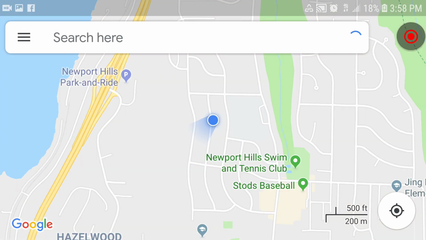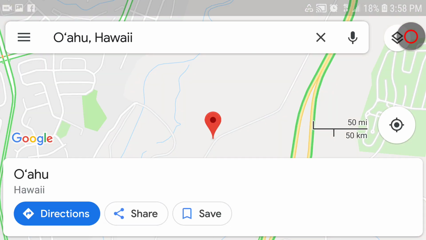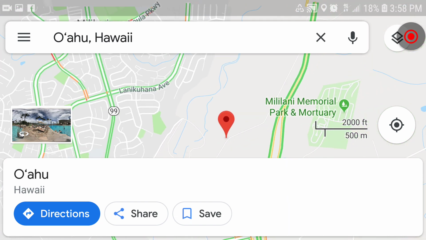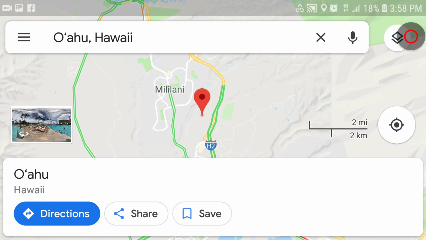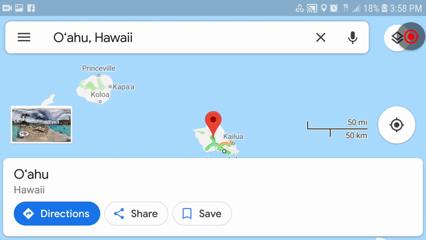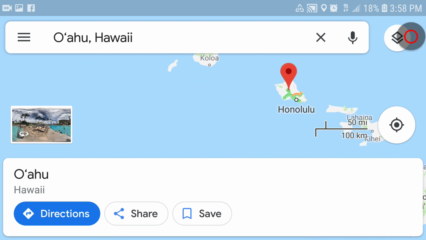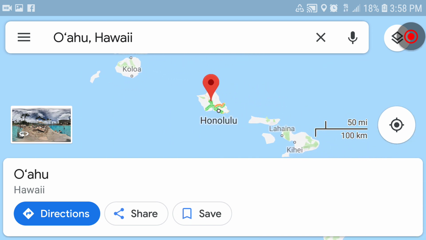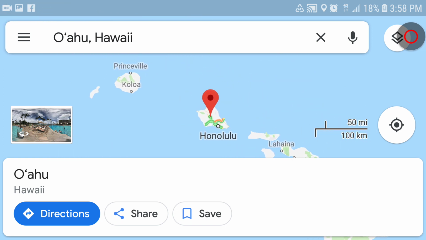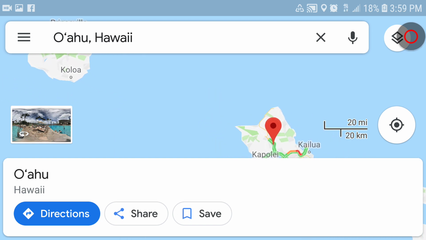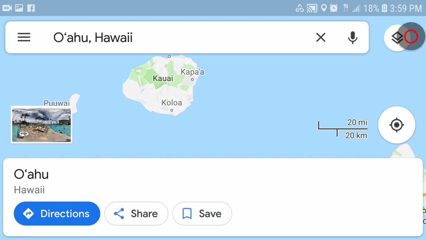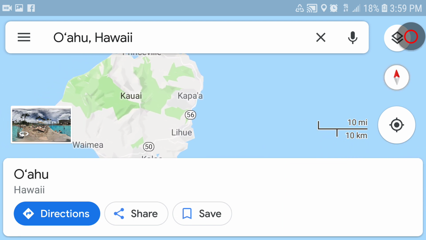So 4,500 feet. Look at this. Honolulu, Oahu, Kauai.